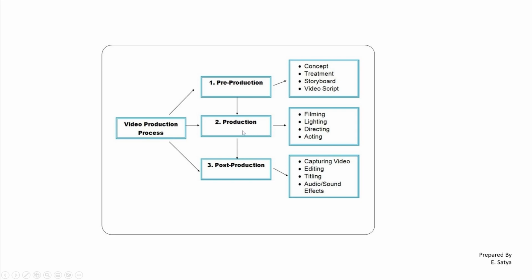And in production, the actual shoot: filming, lighting, directing, acting. The actual film we do here in production. And in post-production, capturing video, editing and titling, audio, sound, and whatever effects are required we add here, right?